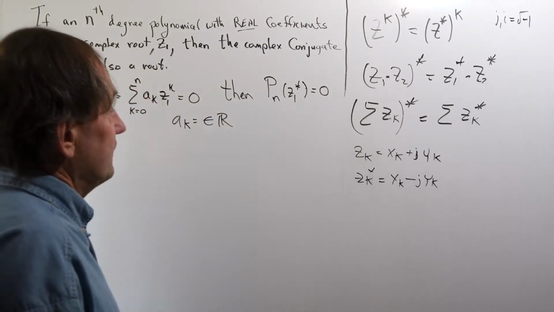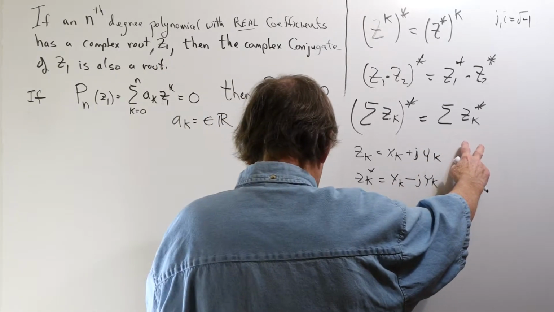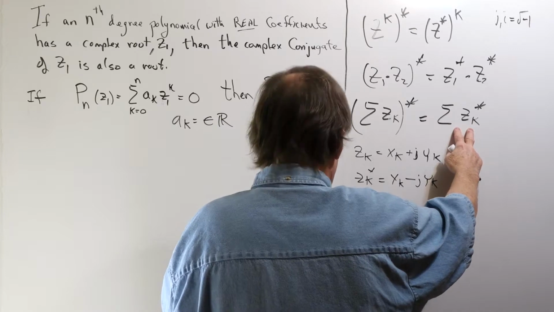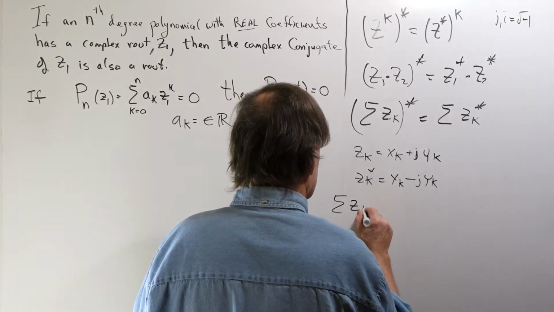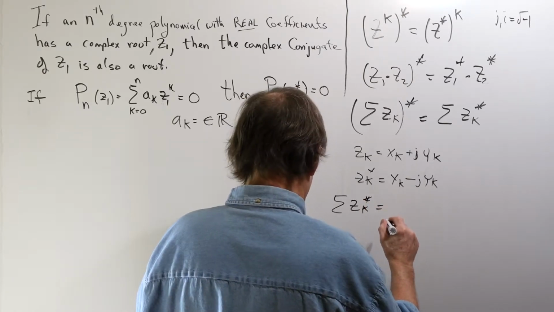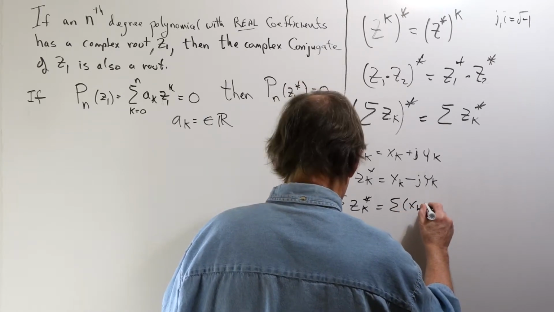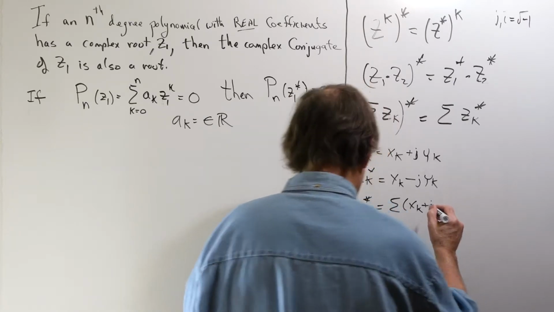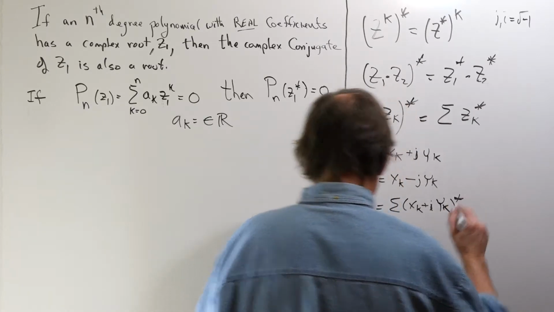Okay, so now let's look at this side here: the summation of z sub k conjugates will be equal to x sub k plus I or j y sub k conjugate.